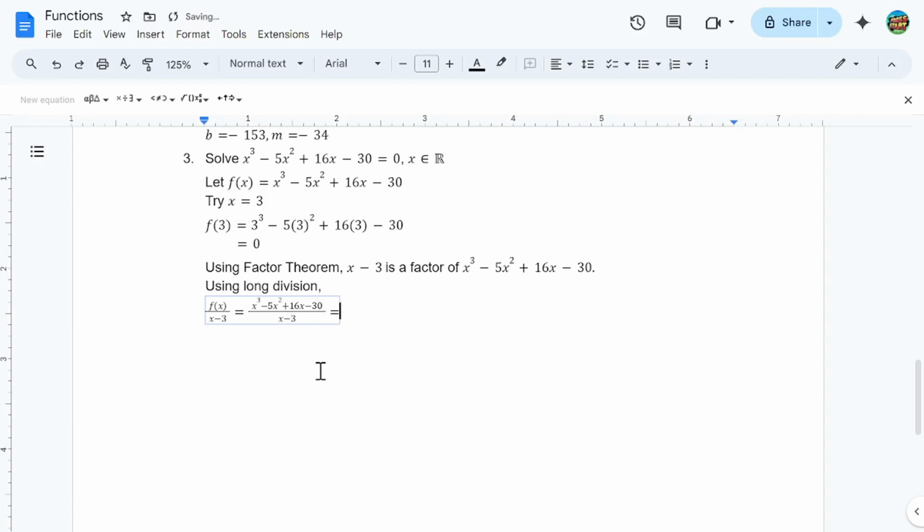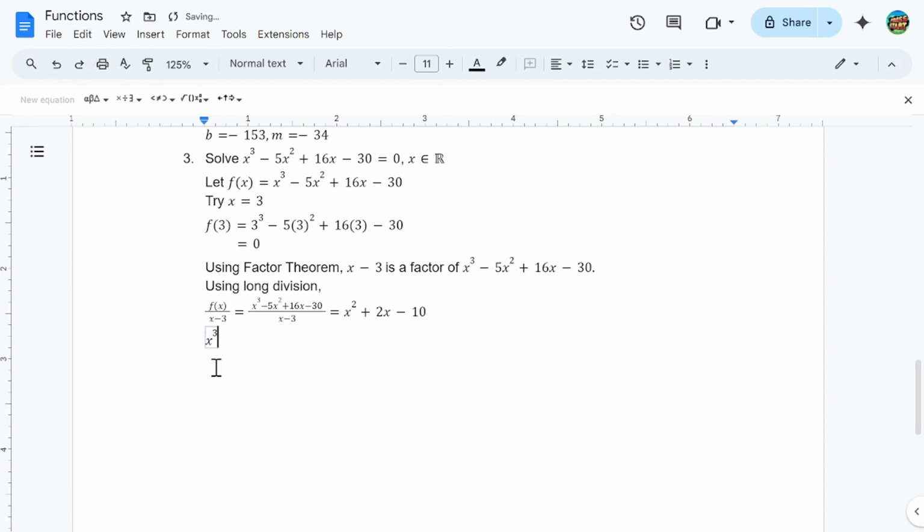I can't show the long division working here, but I think you'll be able to do long division. And it'll give you x to the power of 2 plus 2x minus 10. So we simplified this cubic expression into a quadratic expression times a linear expression. So what we need to do is write the new statement out.